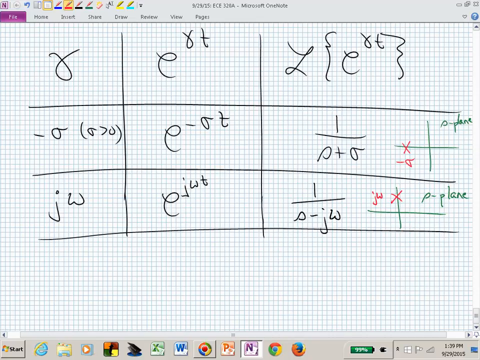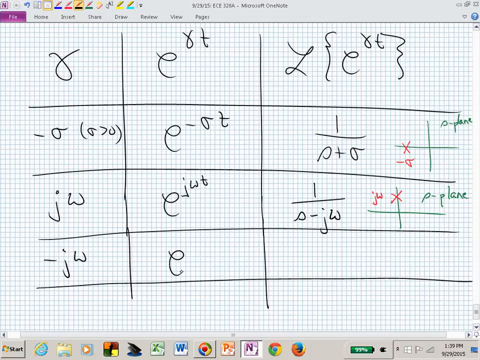What about I look at minus j omega for gamma? This is now e to the minus j omega t. That's now 1 over s plus j omega.